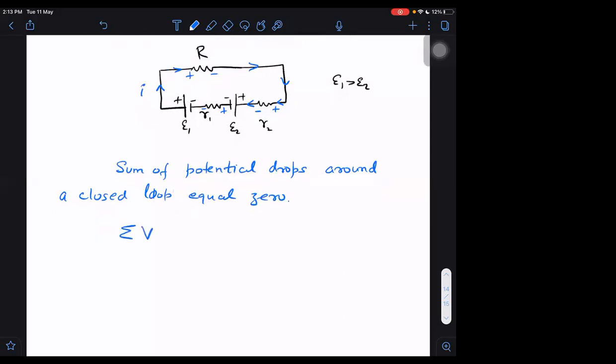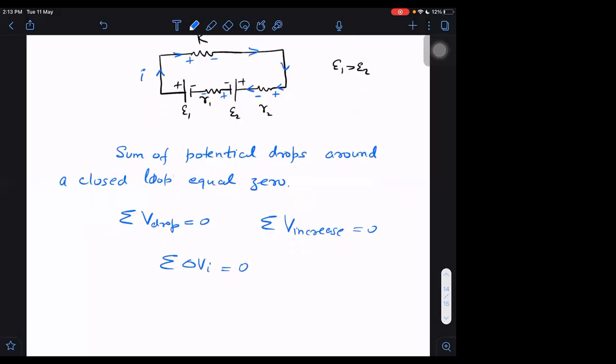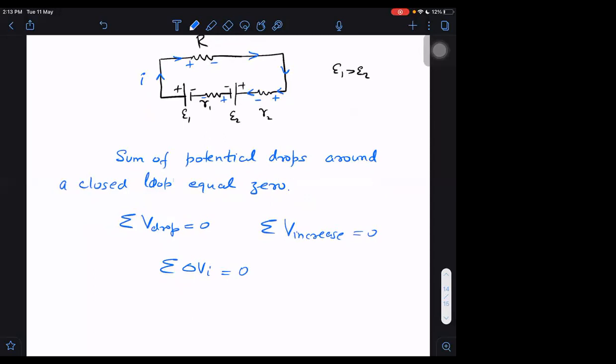I can say sigma potential drop is equal to 0, or I can say sigma potential increase is also equal to 0, or I can simply say sigma delta V is 0. If I keep on taking potential changes, it will be 0.